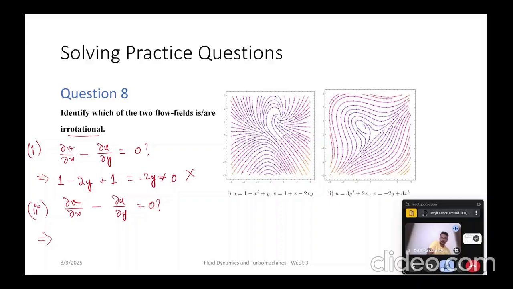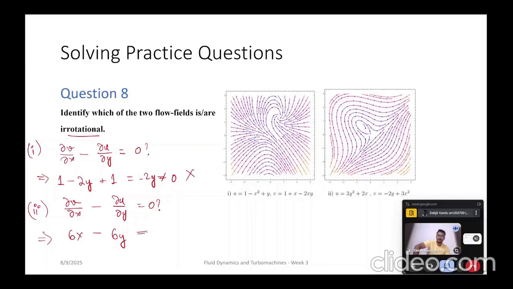So if we derive it with respect to x, we get 6x, minus dou u dou y. u is 3y squared plus 2x, and deriving it with respect to y gives us 6y.